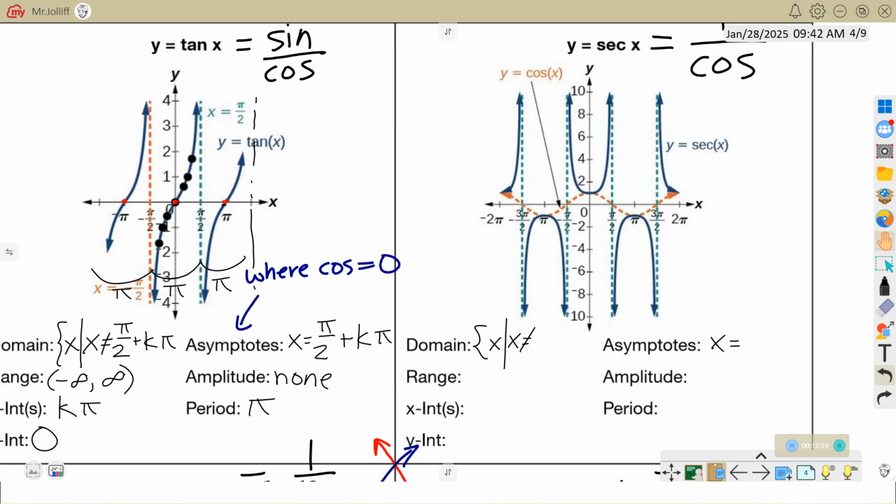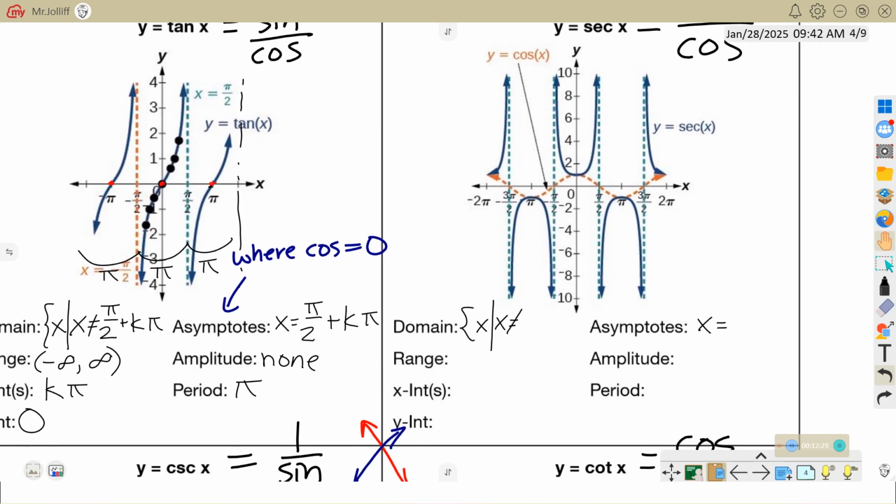This one is doing the same, pi over 2, 3 pi over 2. So this is going to have the same exclusions that tangent did. This is going to be pi over 2 plus k pi. Which means those are the values I can't have over here.